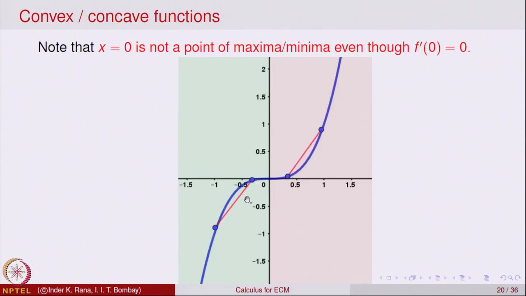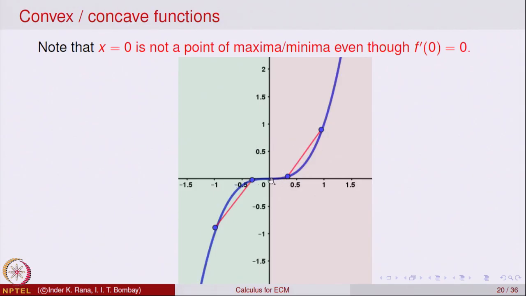If I look on the left side, the chord joining the points stays below the graph, and the point 0 is where the function changes its nature from strictly concave down to strictly concave up.